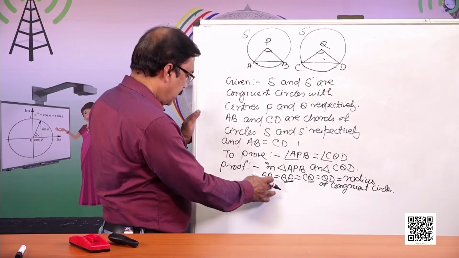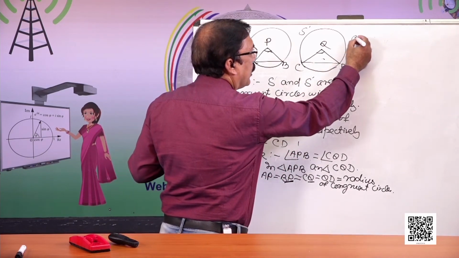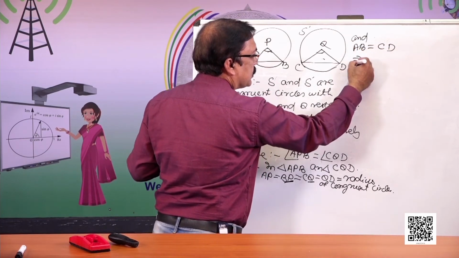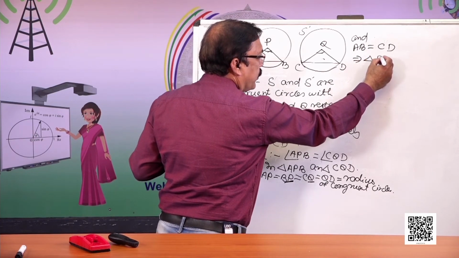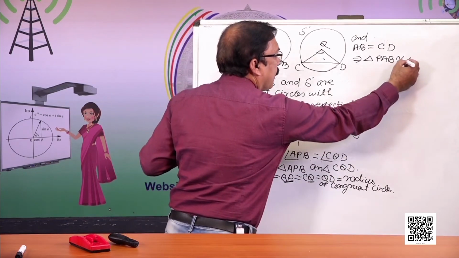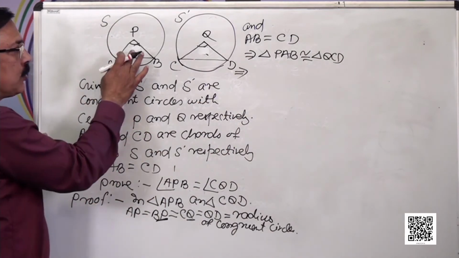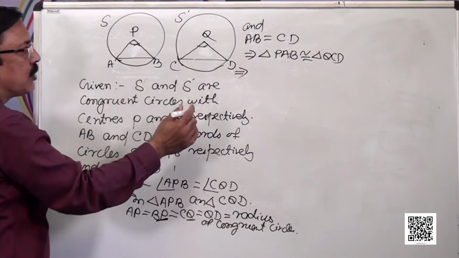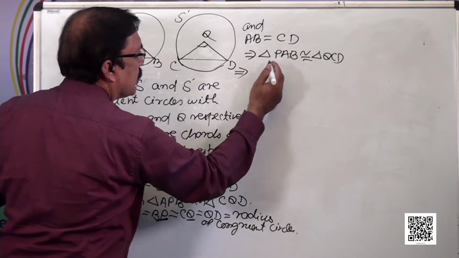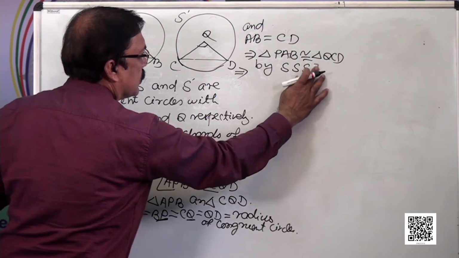Now the third condition is AB is equal to CD. This implies triangle PAB is congruent to triangle QCD. As two triangles are congruent, their corresponding parts are also equal. So here this congruency is by side side side congruency.